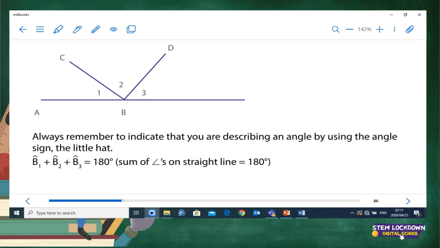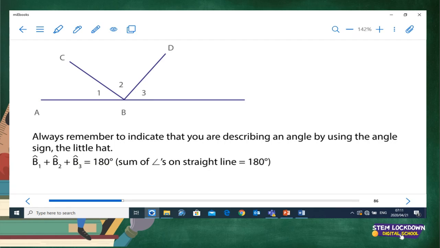And if you check thoroughly there, you will be able to see that we have created triangles. We've got angle B1, angle B2, and angle B3.